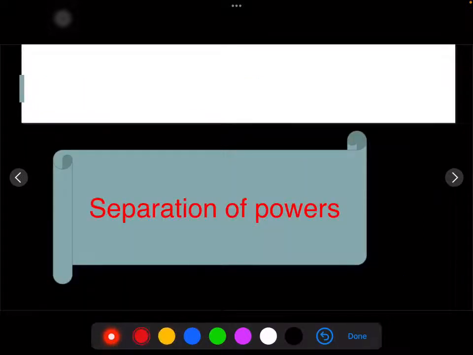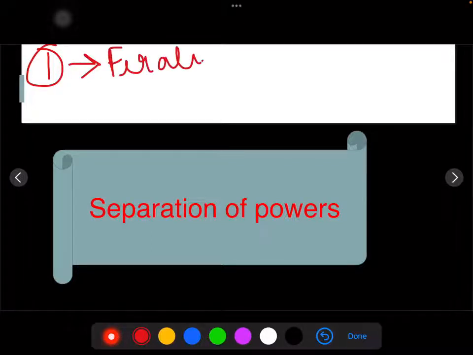Now, to summarize the 2 things we saw before, the first key feature we saw was federalism.